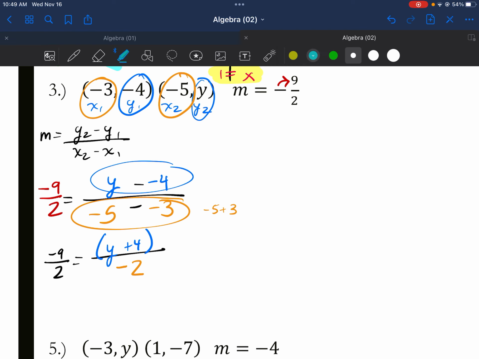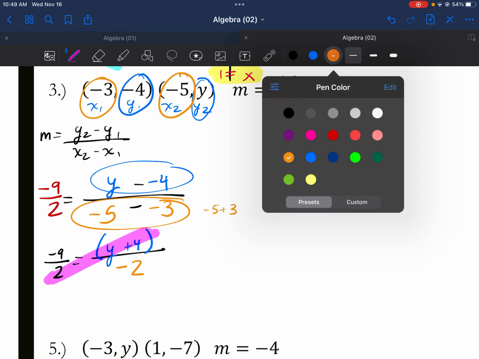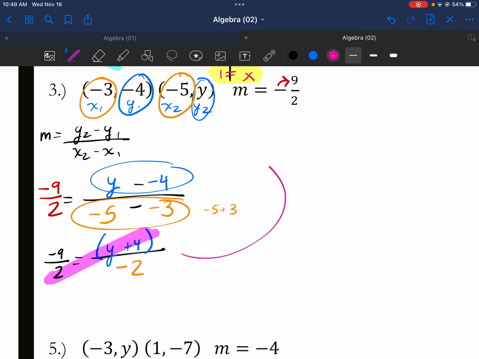So this way, my next step, I can do cross product here in pink. And so let's bring this here. We get 2 times y plus 4 equals the other side of the cross product, which is negative 9 times negative 2. You can write negative 9 times negative 2, or you can say, well, negative 9 times negative 2 is a positive 18, and write that there.